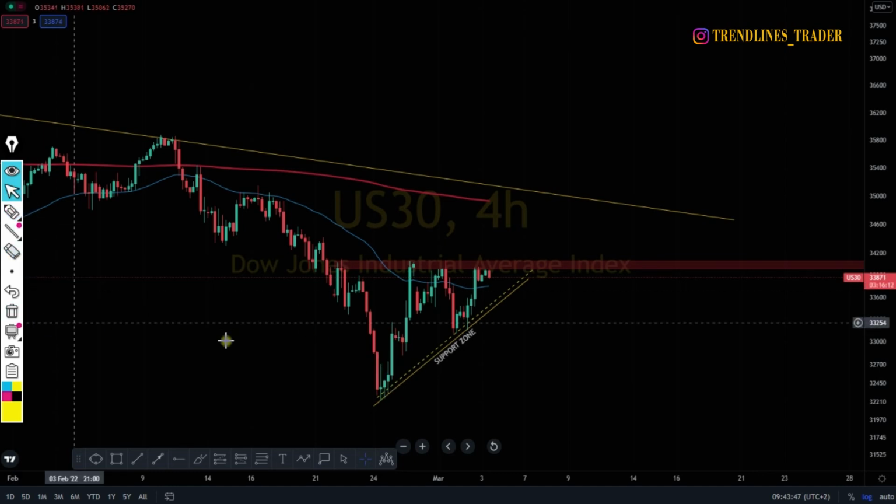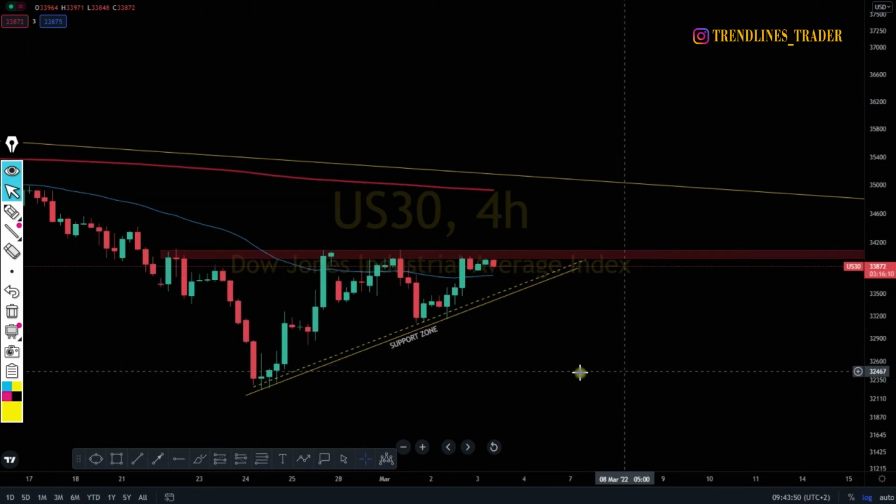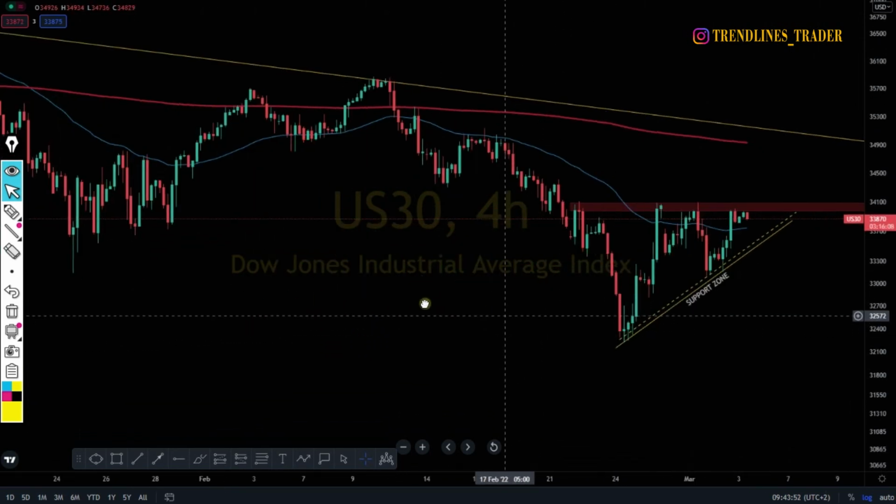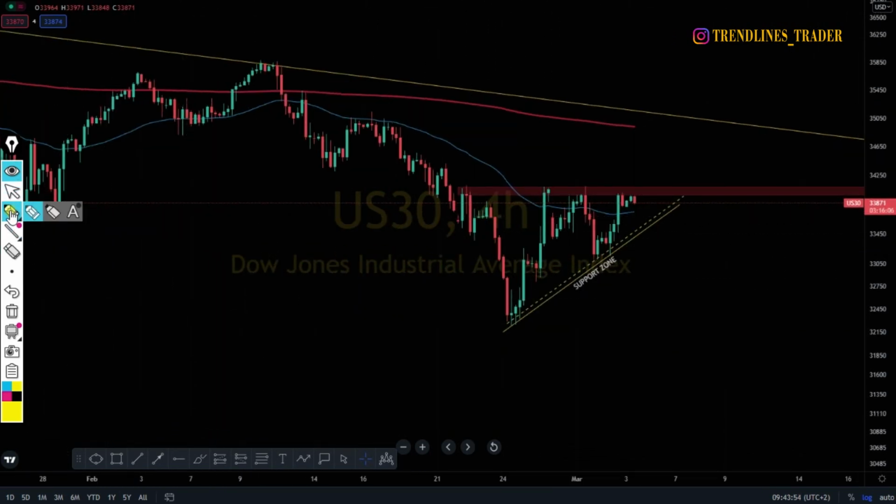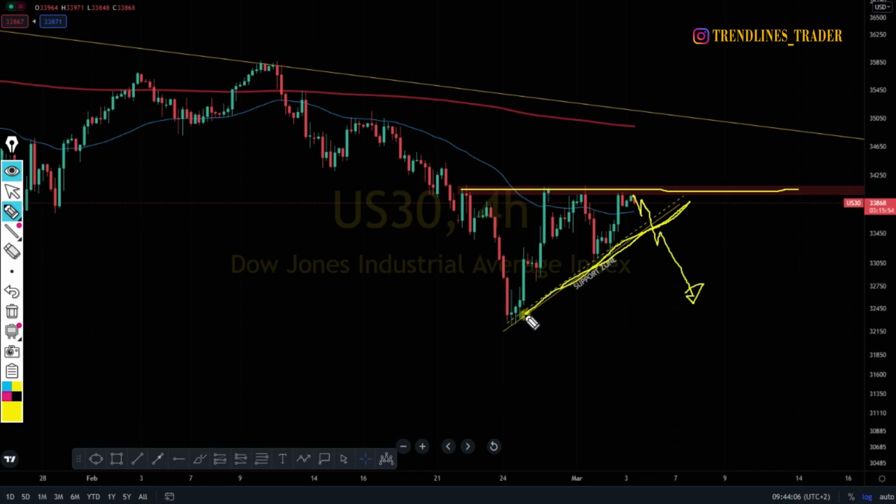Let me just try to zoom in and see that while the price has been respecting this area, horizontal resistance, we can witness it pushing towards the downside, breaking out of this support zone that it's been respecting. I don't want to say it's that strong that it won't be broken, but we are having an ascending wedge.